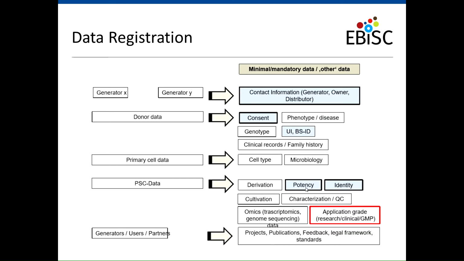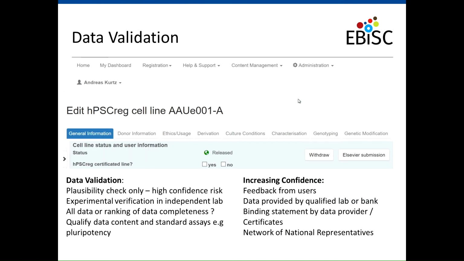Minimal information is potency, identity, unique identifier, and consent, plus some contact information about the person who registered the line. So how do we validate these data?